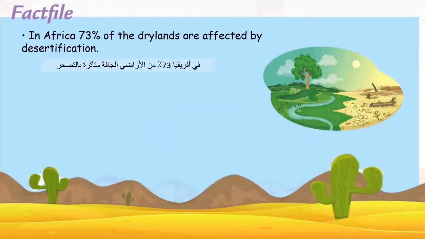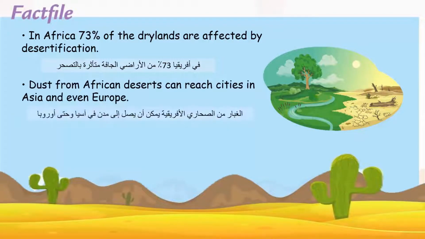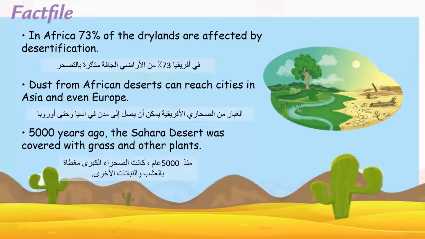In Africa, 73% of the dry lands are affected by desertification. Dust from African deserts can reach cities in Asia and even Europe. Five thousand years ago, the Sahara Desert was covered with grass and other plants. This is general information you may know.